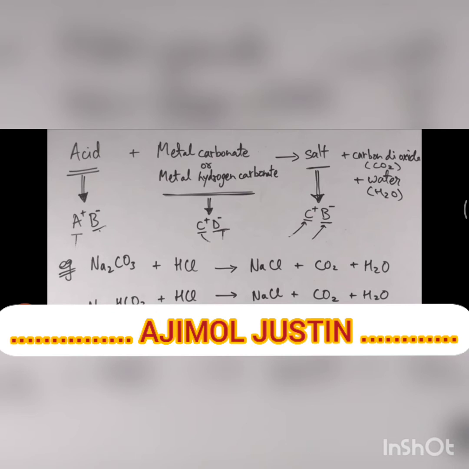NaCl is formed. Now the same way, if the acid reacts with NaHCO3, that is metal hydrogen carbonate, sodium hydrogen carbonate, reacts with HCl, similar reaction. It gives sodium chloride plus carbon dioxide and water.